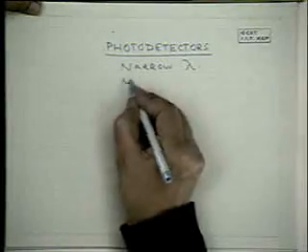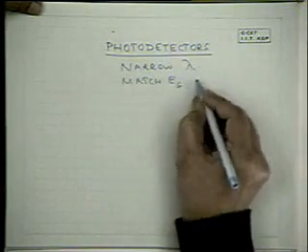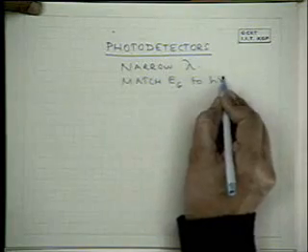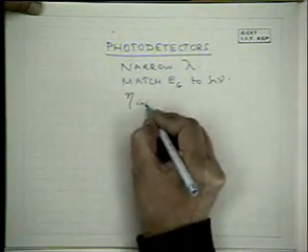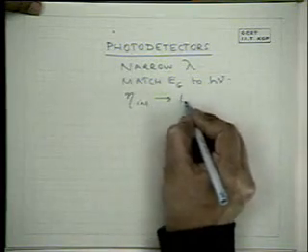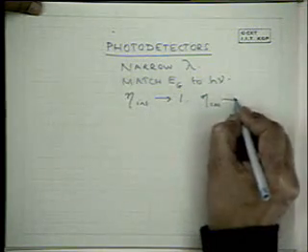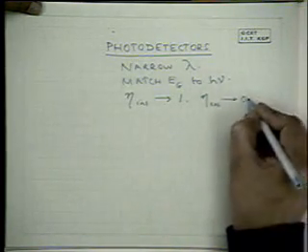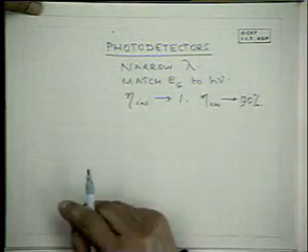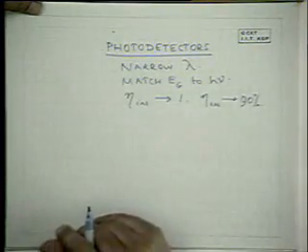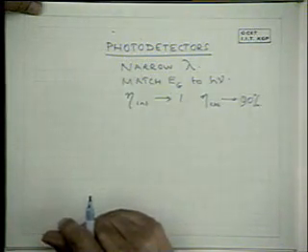So you can match Eg to h nu, and you can get internal quantum efficiencies going to 1 and external quantum efficiencies could be something like 90% or more, because these are narrow wavelength devices.